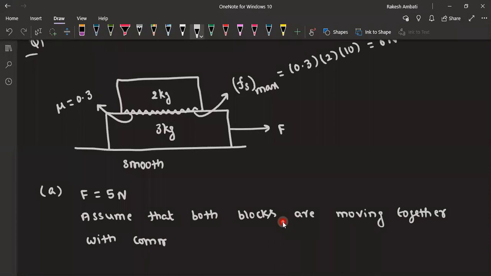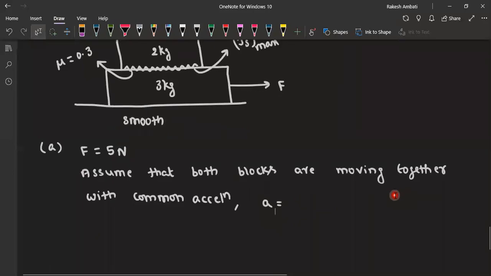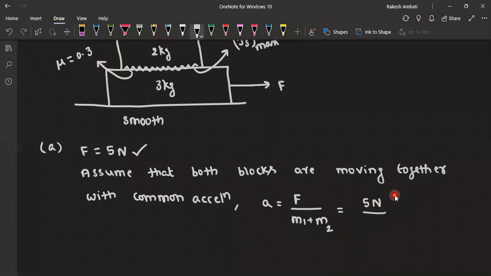And how to find this common acceleration? A equal to F upon M1 plus M2. F value is given as 5 Newton, and M1 plus M2 is 5 kg. Therefore acceleration equal to 1 meter per second square.